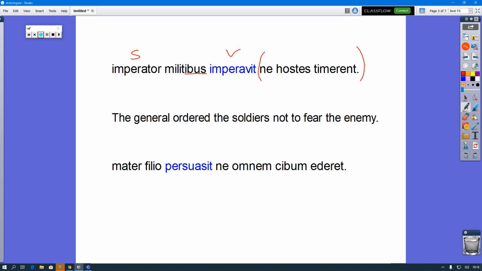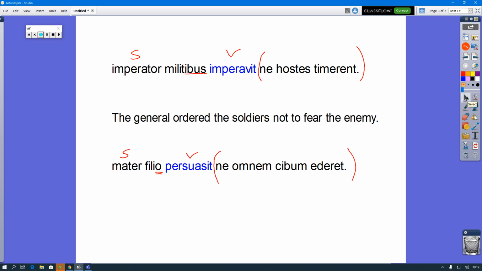Second sentence, let's put the brackets in. Subject, verb, filio, another dative case because persuadeo is another of those verbs in Latin that takes a dative case rather than an object. And again, notice that persuading is a kind of order. Maybe it's a very polite order.